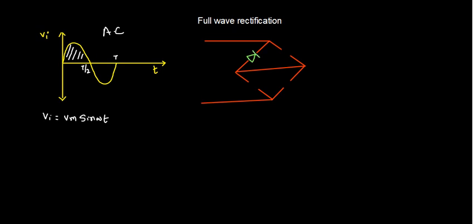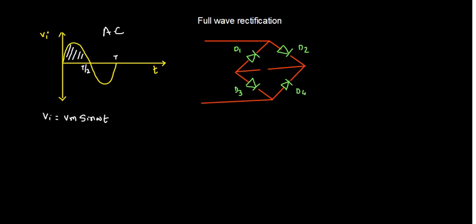You can draw it this way. This is the phase on this side, similar phase on this side, similar phase on this side, and reverse phase on this side. Another diode, the similar phase diode on this side. So these are a total of 4 diodes. You can give them the names D1, D2, D3, and D4.